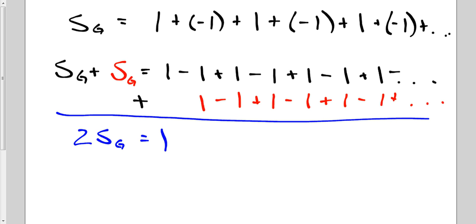Just zeros all the way across, right? Divide by 2. Divide by 2. And my Grandi series equals 1/2. Okay? I'm going to go to a new page. So this fact we're going to keep in our mind, okay?